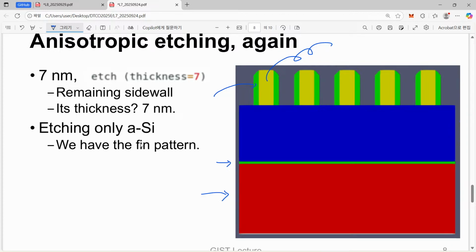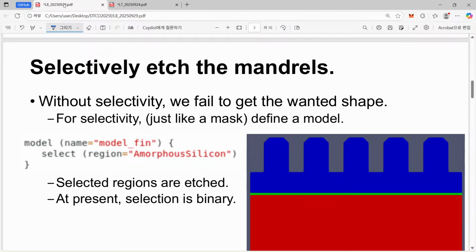On top of this structure, we have silicon nitride, silicon dioxide, and amorphous silicon. But we wanted to eliminate only a selectable region, so that should be done by this one.